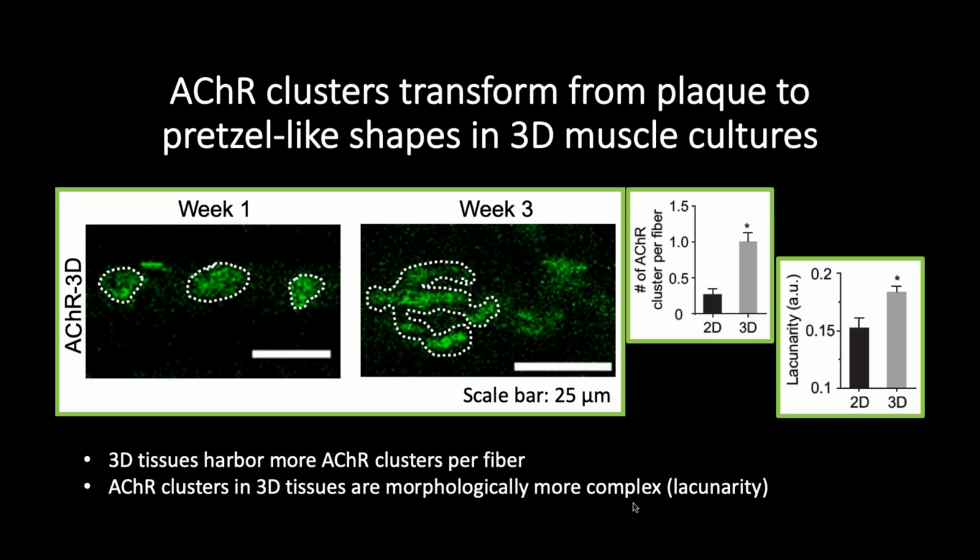And so by quantifying lacunarity, which is a metric of gappiness, and tells you a little bit about how morphologically complex these immunostained acetylcholine receptor clusters are, we can see in the far right graph that our acetylcholine receptor clusters in 3D are more complex than those in 2D.